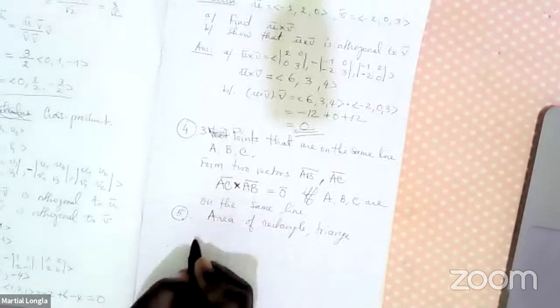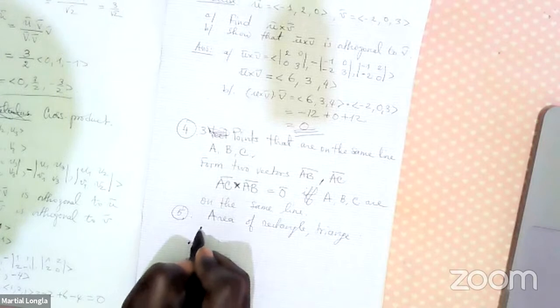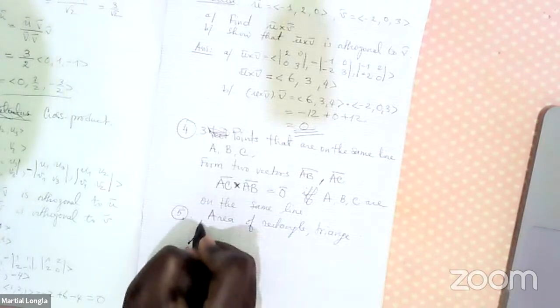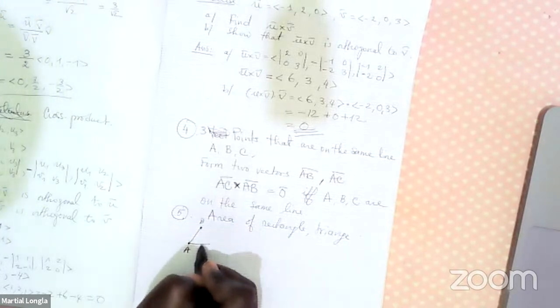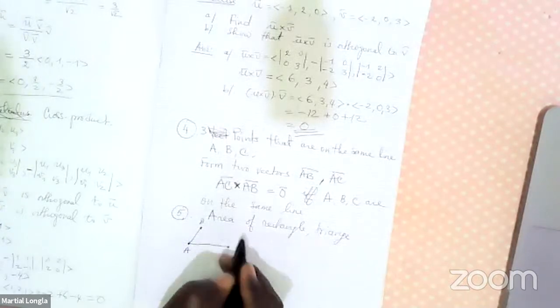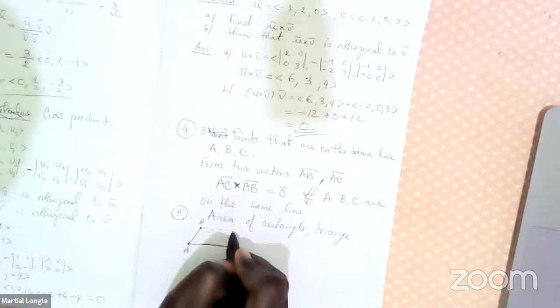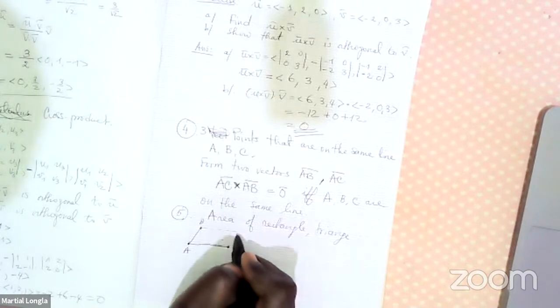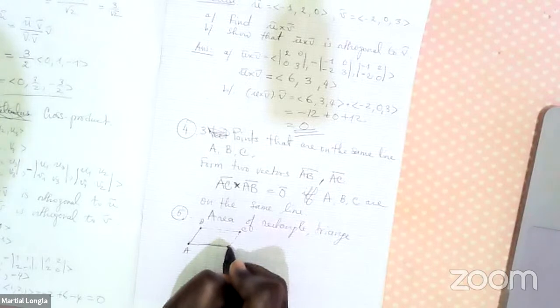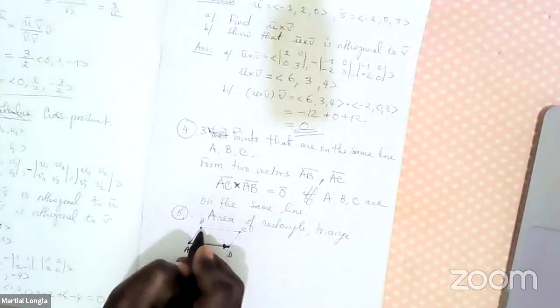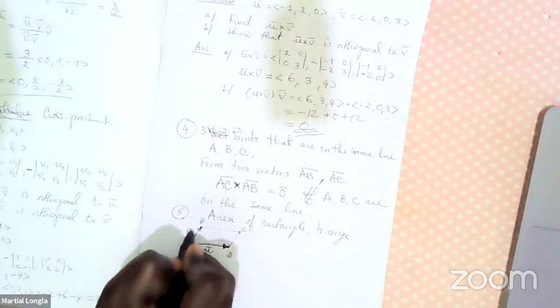So let's say we have these points, that's A, B. Let's say we have C here and D there, and then we can close here. Let's say this is the vector AD. Let's say this is U, and that is the vector V.